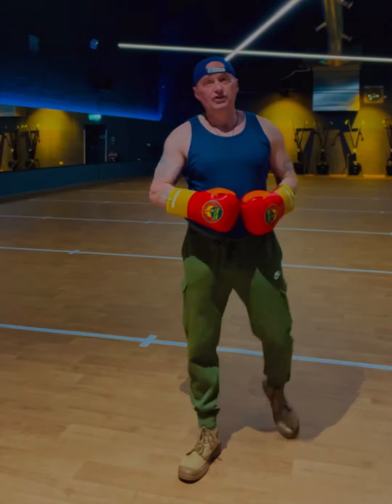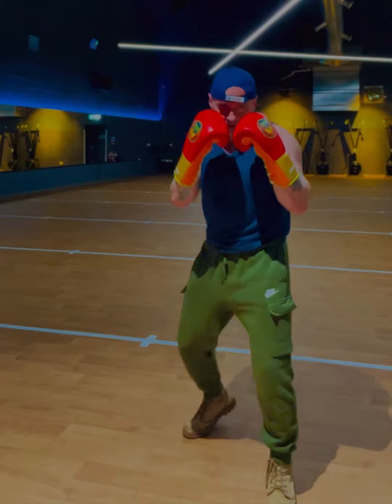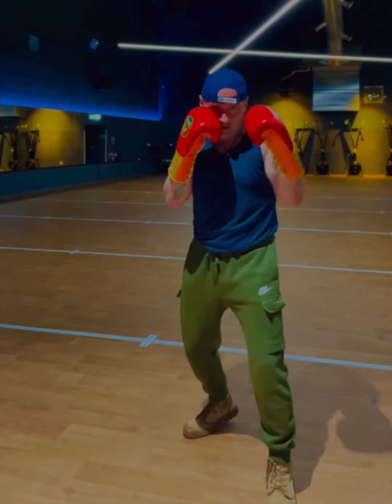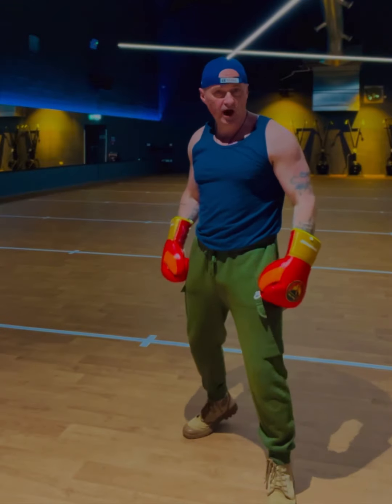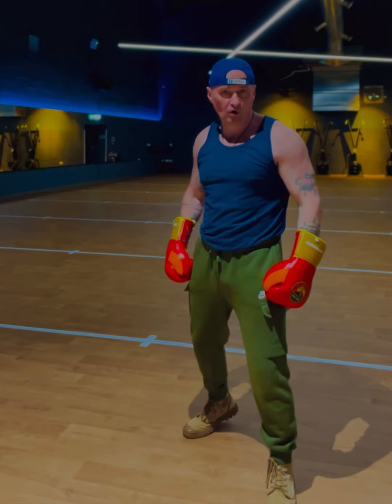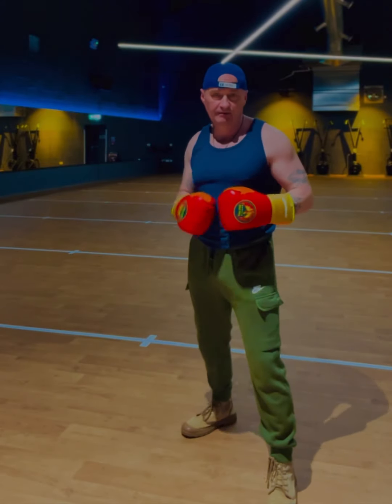Common faults with this shot are it's thrown as an arm punch. So there's not actually any rotation taking place. There's not actually any power being drawn up from the floor through the body. You get absolutely no power into that.